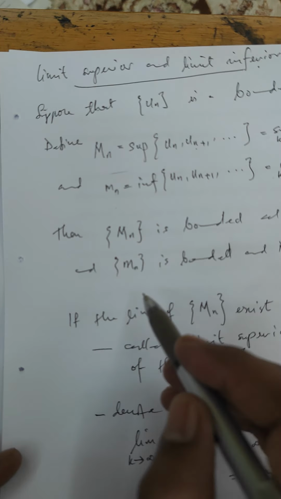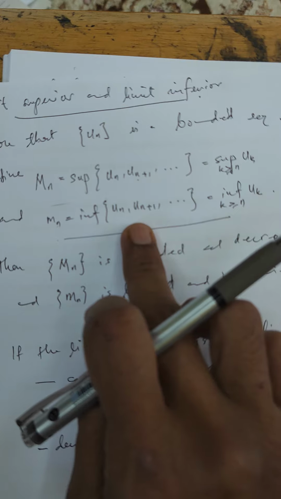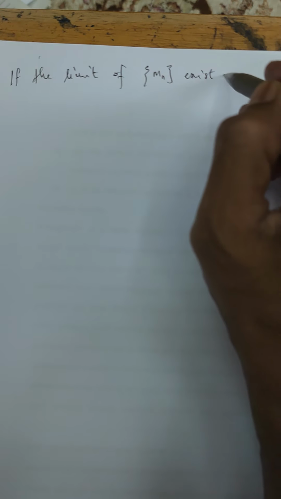We have defined that at the beginning. Here we have mn is the infimum of uk. What is infimum? Infimum is the greatest lower bound. So if the limit exists, it means that if you take the limit of mn, n goes to infinity, we can find some value here, small m, say.